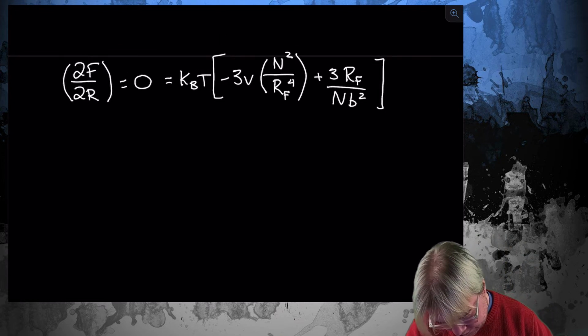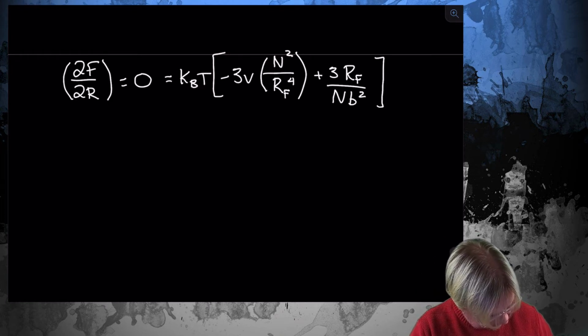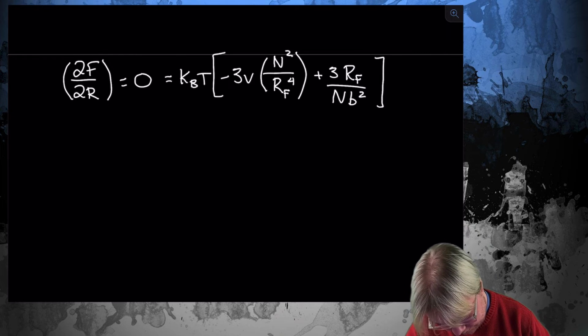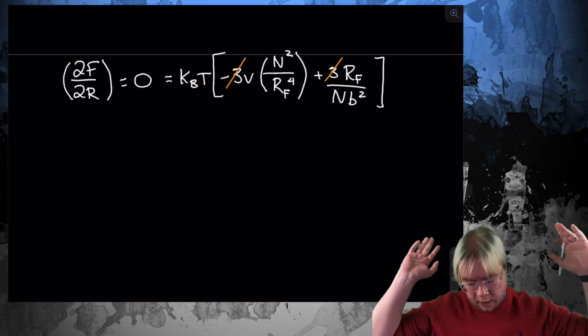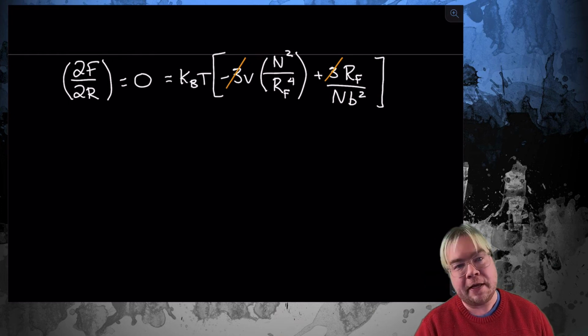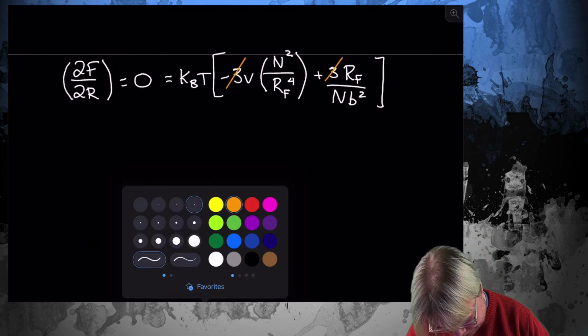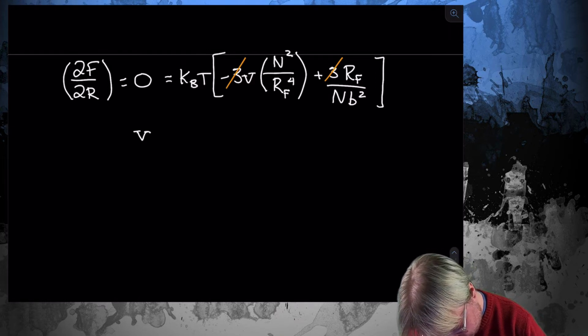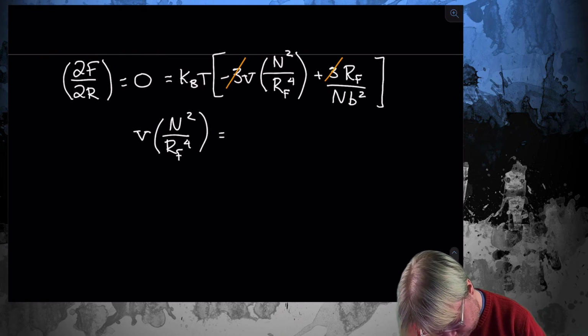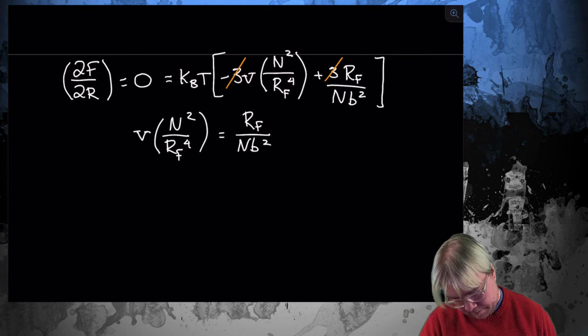All right. So whatever. It's a scaling theory. I don't care about these things. So let's divide by 3 right off the bat. So, boom, done. I don't care. All right, so clearly the thing in the brackets has to be 0. So that means that v, the excluded volume, times N squared over RF to the fourth must equal RF over N b squared.